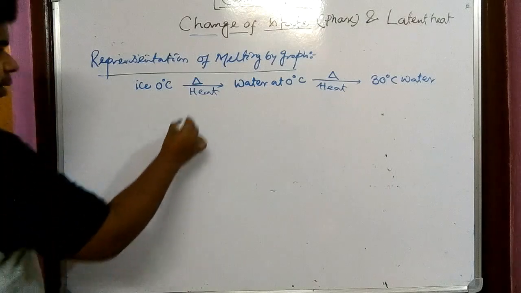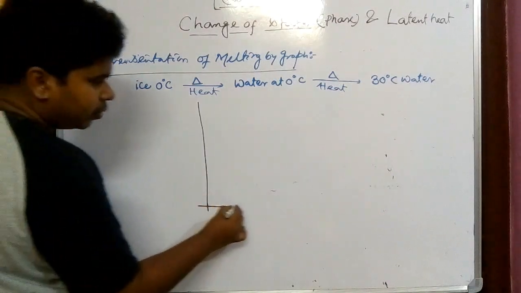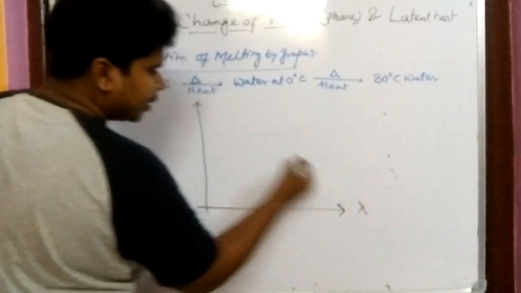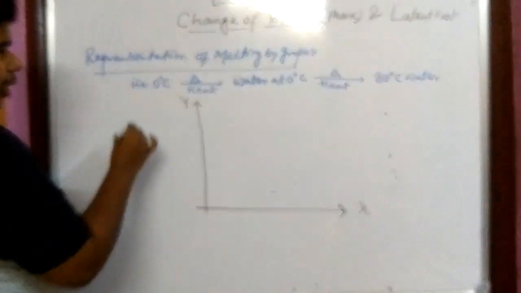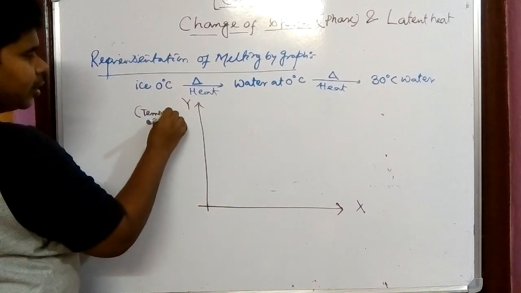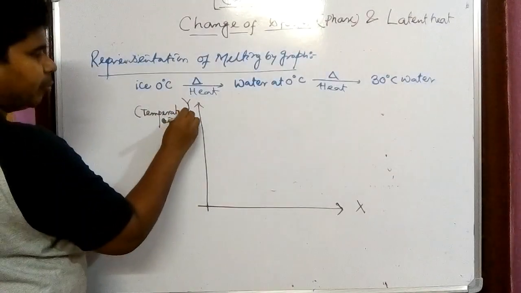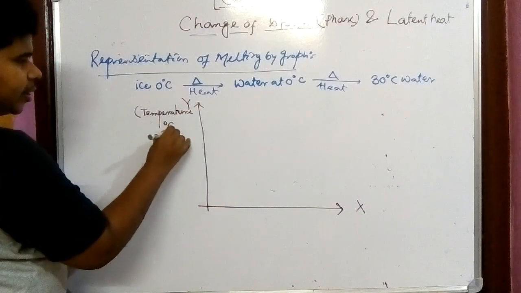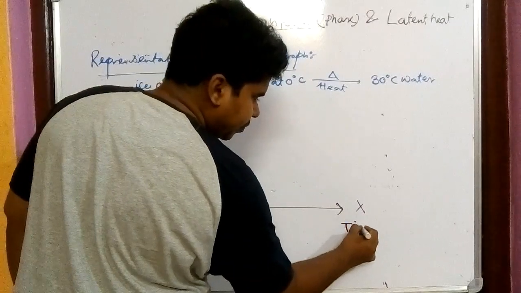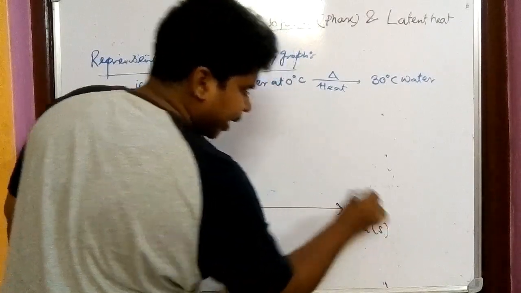It is very clear that to show a graph we need two axes. This is x and this is y. Along the y-axis we are taking temperature in degree centigrade, and along the x-axis we are taking time in seconds.